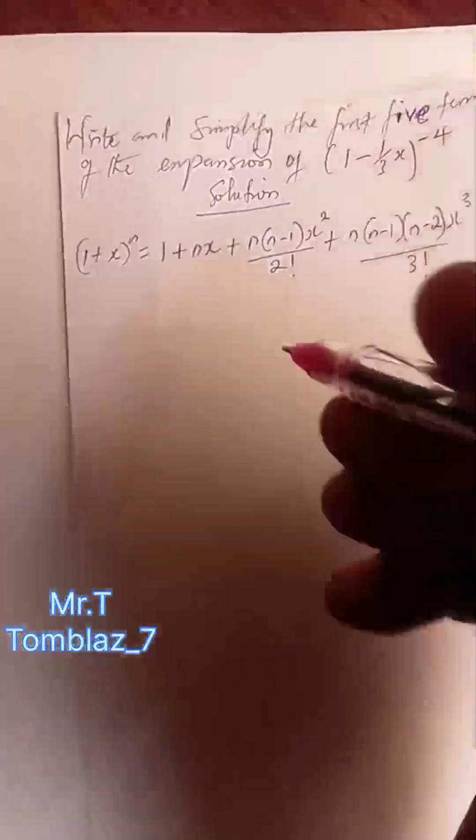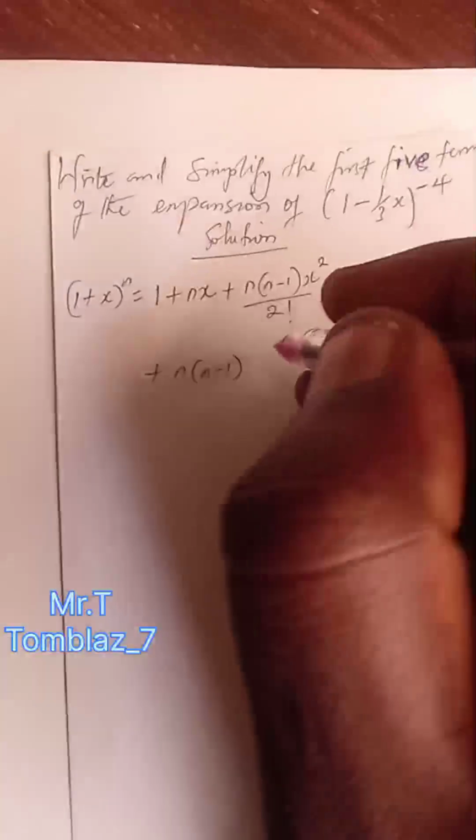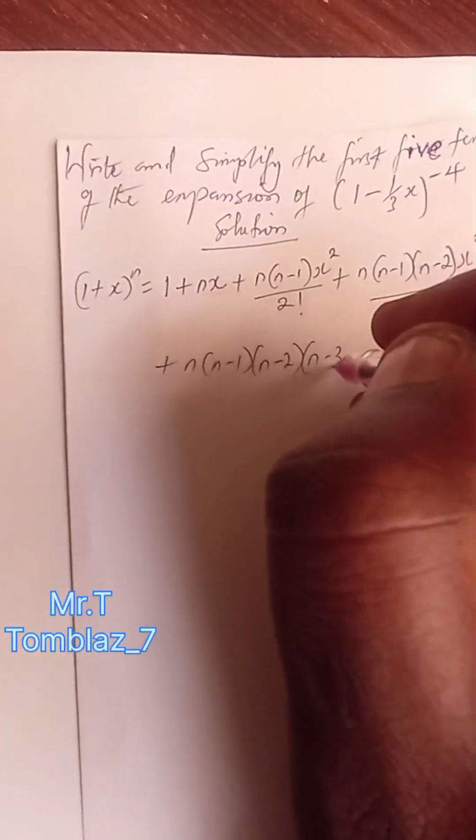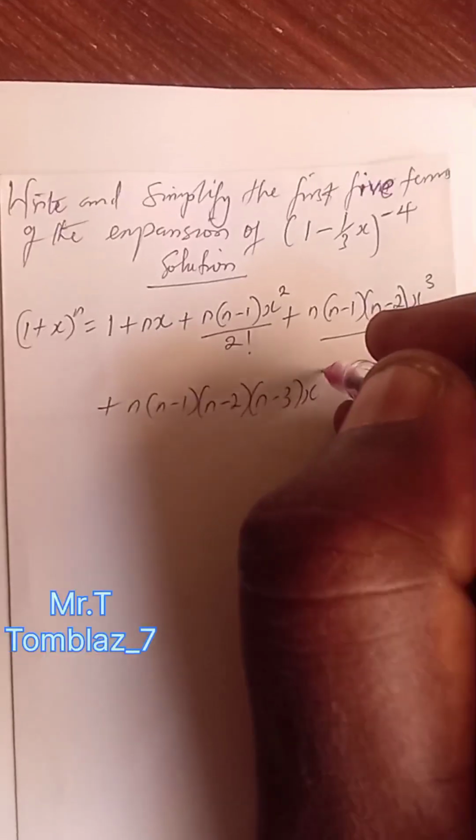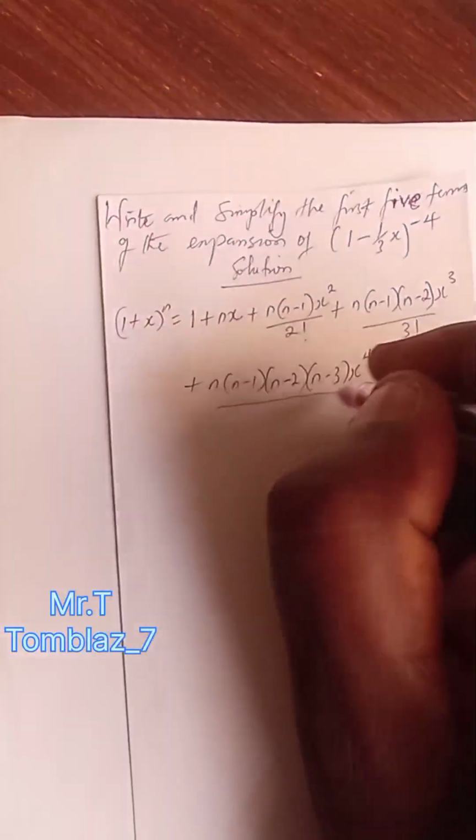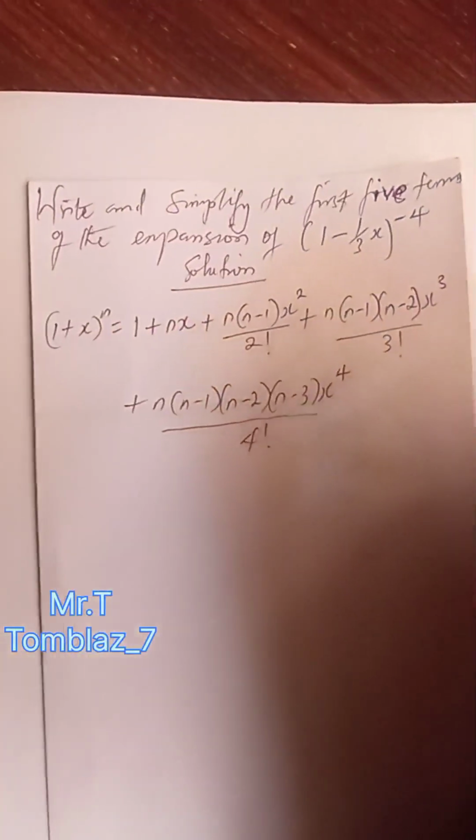And the fifth term, because you see up to the fifth term, then plus n into n minus 1 into n minus 2 into n minus 3, x raised to the power of 4 all over 4 factorial.